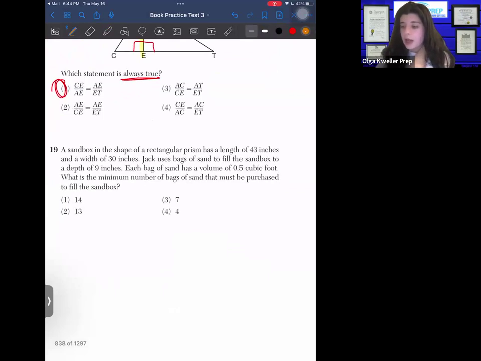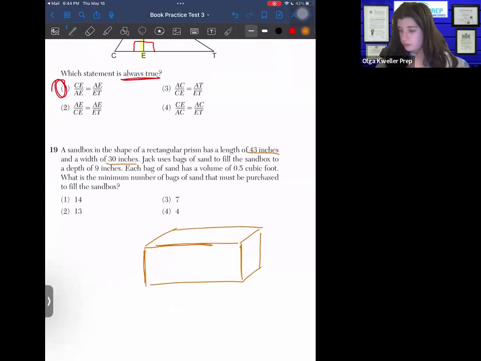Next one, we have a sandbox in the shape of a rectangular prism, with a length of 43 and a width of 30. Okay, so here's our rectangular prism, not perfect.